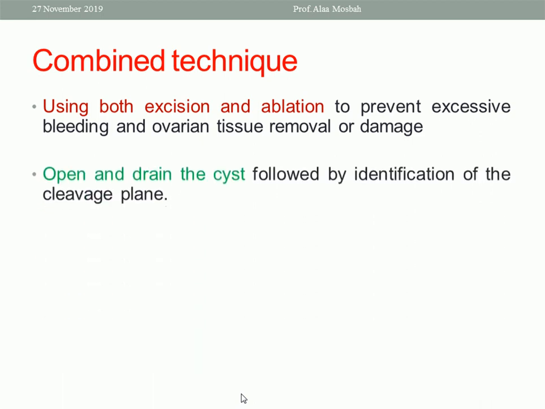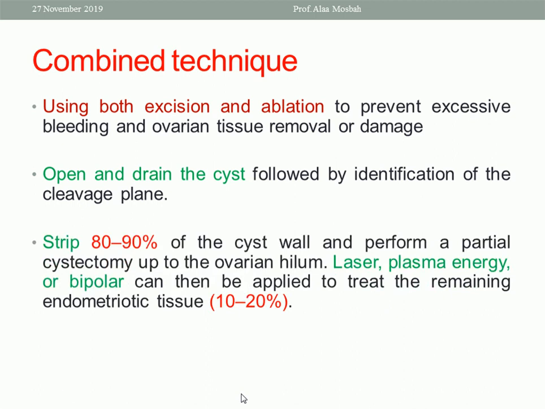Open and drain the cyst, followed by identification of the cleavage plane. Strip 80 to 90% of the cyst wall and perform a partial cystectomy. Why partial? Because I didn't remove the whole wall of the cyst, up to the ovarian hilum.